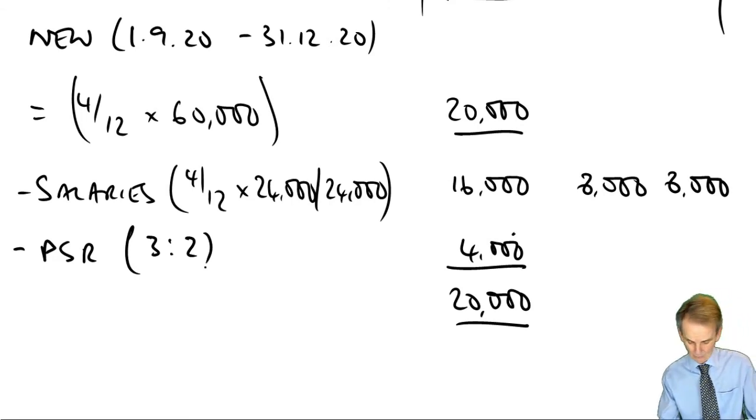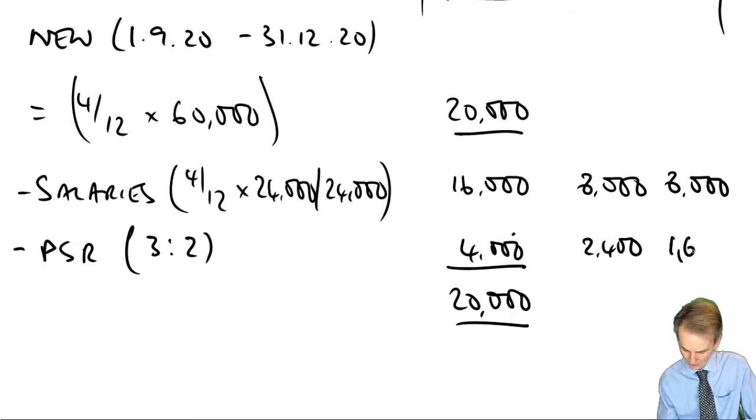So divide the 4,000 by 5 and split it 3/5, 2/5, and that therefore will, I think, be 2,400 and 1,600 respectively.